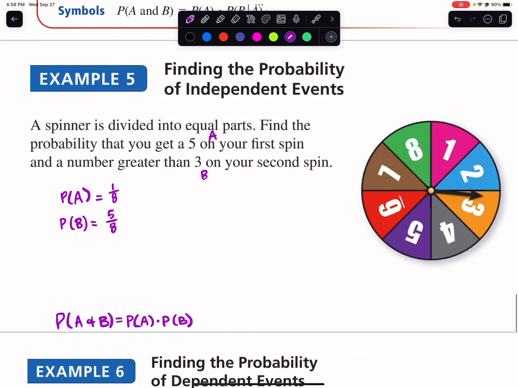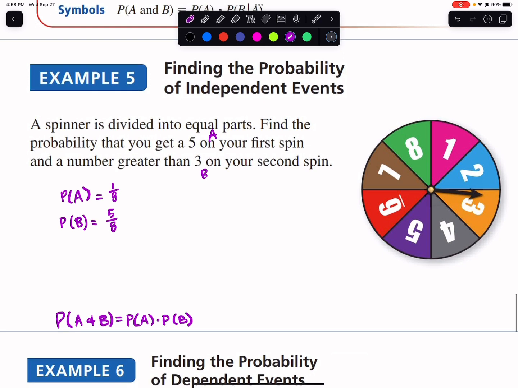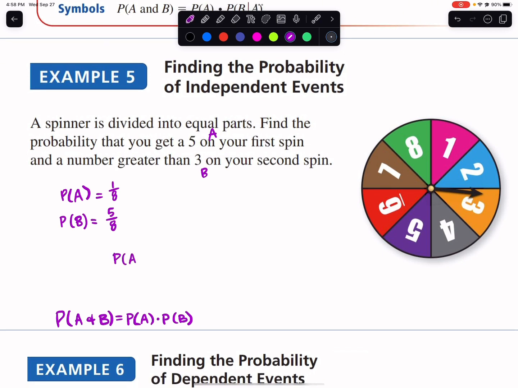So I'm thinking back to that formula that I wrote at the bottom. If I want to find the probability of both of these, since they are independent, I'm going to take probability of A, 1 over 8, and multiply it by my probability of B, 5 over 8.